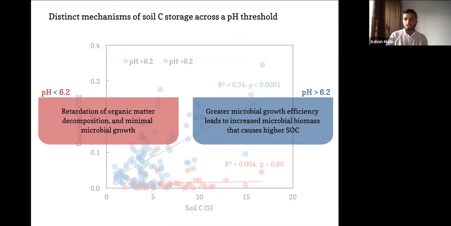Below pH 6.2, there is mostly retardation of organic matter decomposition because there is minimal microbial growth. And above pH 6.2, because there is a nice correlation of microbial carbon use efficiency with soil carbon, we suggest that higher growth efficiency, higher growth yield leads to increased microbial biomass, and that then leads to increased soil organic carbon accumulation in such soils.